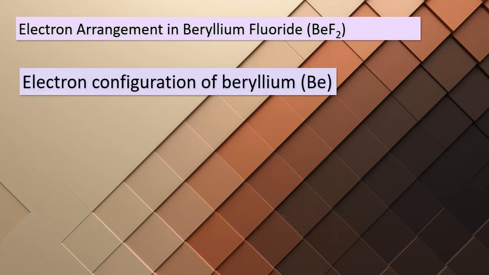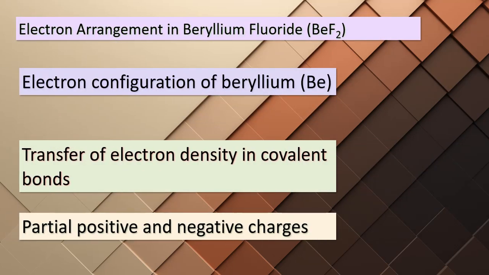Hello again, curious minds. In this topic, we're going to dive deeper into the electron arrangement within beryllium fluoride, BeF2. Remember the electron configuration of beryllium? It plays a significant role in the formation of bonds. When beryllium bonds with fluorine, there's a transfer of electron density. This transfer leads to partial positive and negative charges on the atoms.